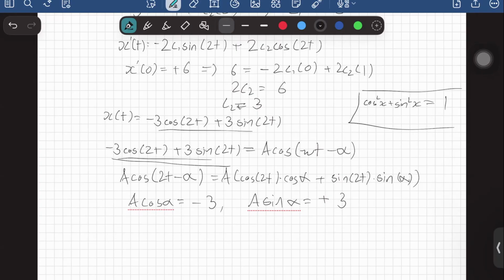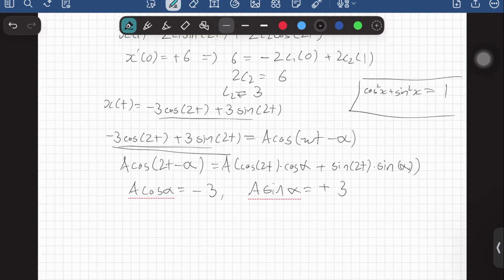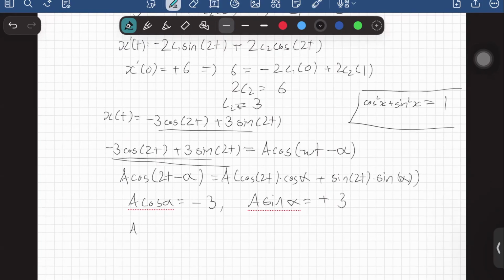So we're basically doing the same thing over here. And this brings us to a squared equals negative 3 whole bracket squared plus 3 squared, which is a squared equals 18, which is a equals square root of 18.